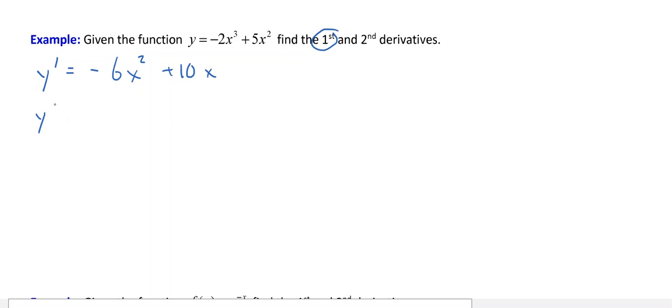The second derivative, with two little prime marks up there, would be negative 6 times 2 is negative 12x plus 10. In this case, if we wanted to do a third derivative, three little prime marks, we would simply have negative 12. And that would be the third derivative.